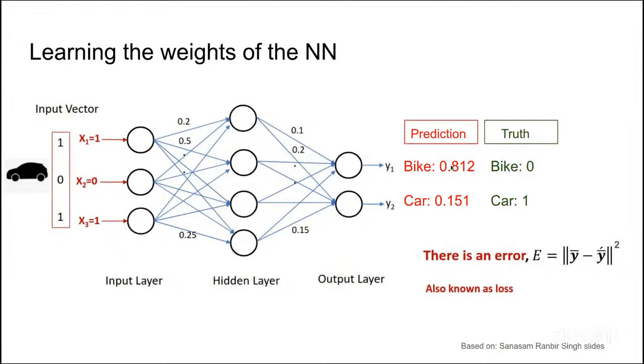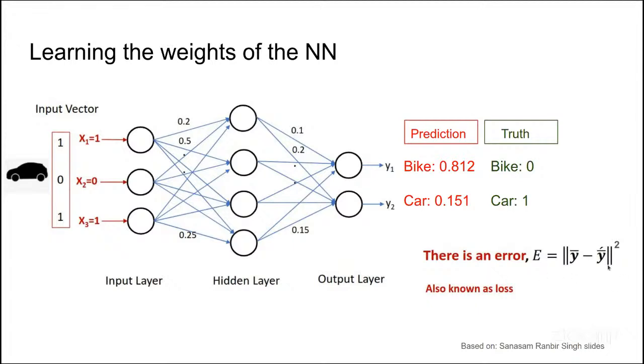So this part is the y vector: 0.812 and 0.151. This is y bar, the prediction, and 0, 1 is the truth value, y tilde. If you take the mean squared error of that, it is the error of the model, the error in the prediction.